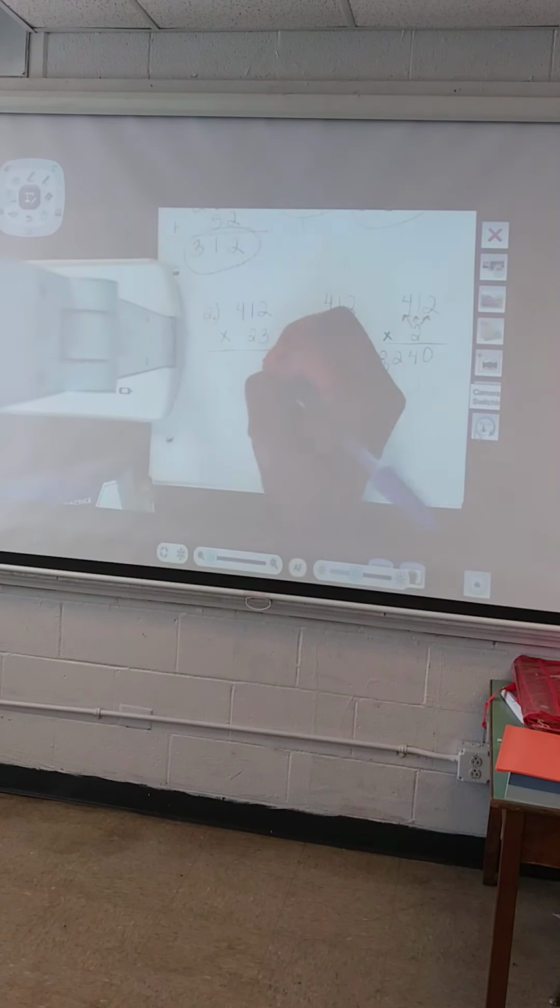So the 0 I'm going in the first space. I'm just writing it in backwards. The 4, the 2, and the 8. So this one is the same thing. I'm going to put the 6 here, the 3, the 2, and the 1 and put a plus sign. Everybody got that?